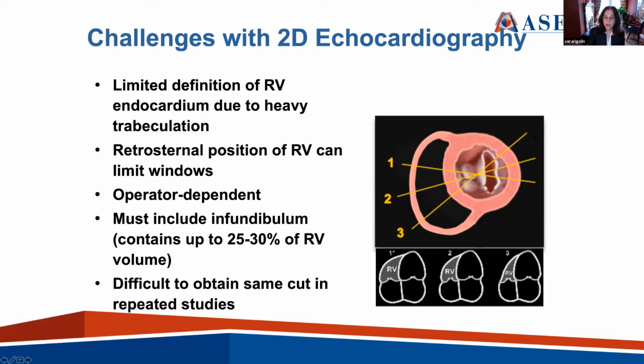However, if your imaging plane is a little bit off axis, such as in cut number 3, you see that the size of the right ventricle is drastically different. Similarly, if we were to cut it in plane number 1. Again, depending on your cut plane, the size and shape of the right ventricle on your apical views on two-dimensional imaging can be quite different, again, making measurement comparisons difficult.